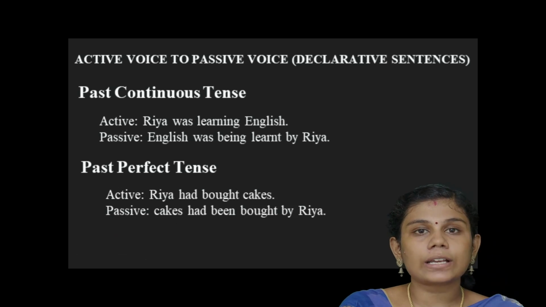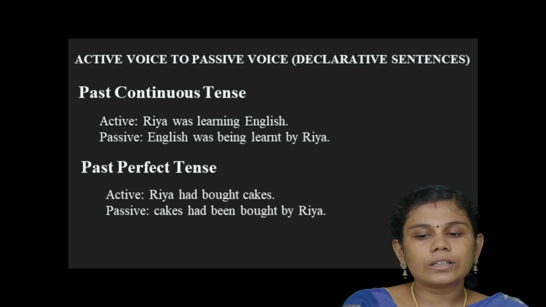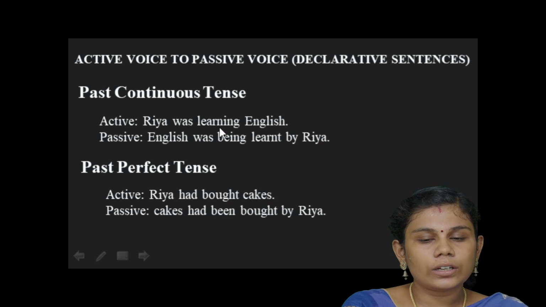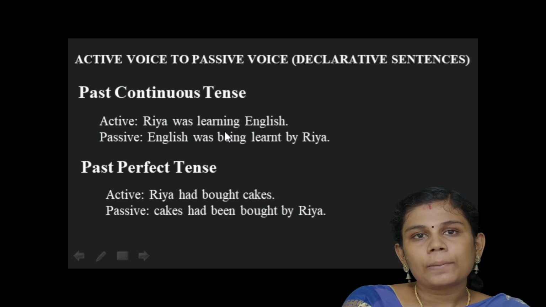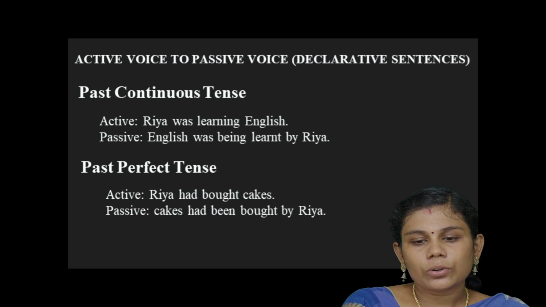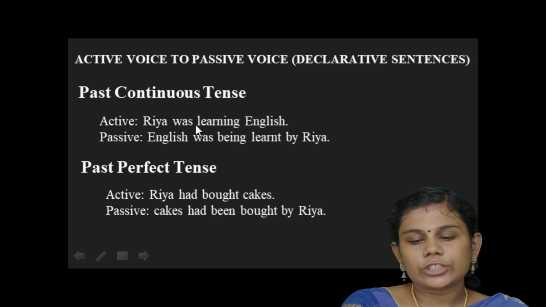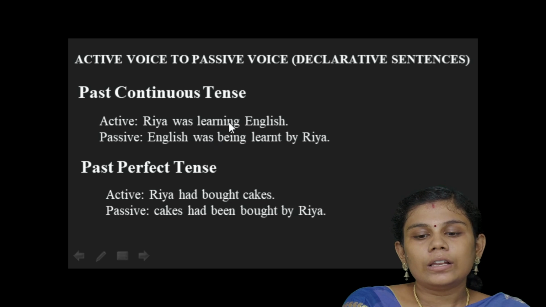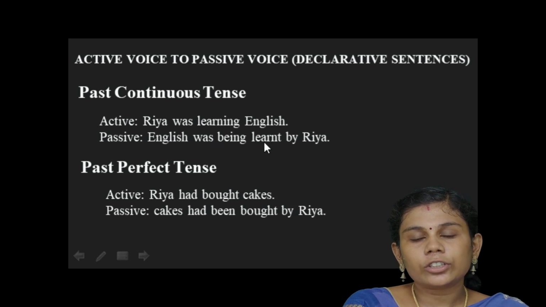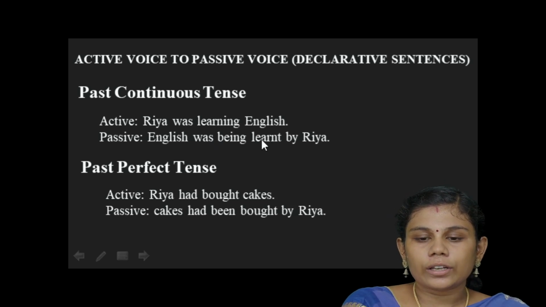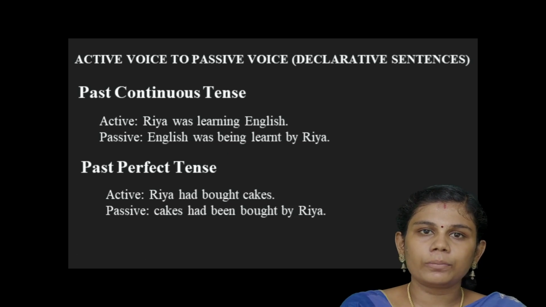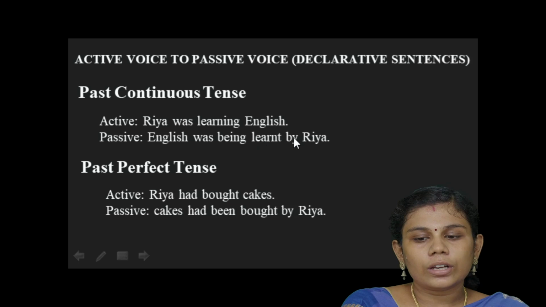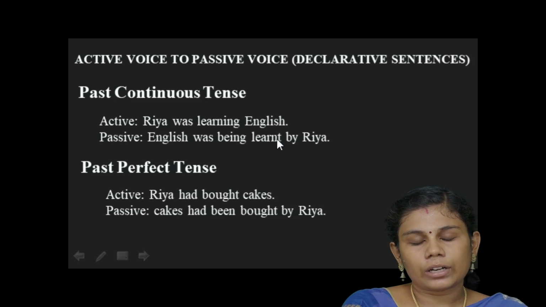Next one, past continuous tense: Ria was learning English. Here was learning shows it is in the past continuous tense. So it will change into was being. Learning should be changed into learned, because it should take the V3 form. V3 form means past participle. So learned by Ria, it will come like this.